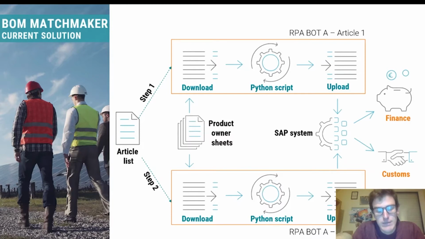This will be given to a Python script, and the Python script will output a CSV file. This CSV file contains all the information that needs to be entered into the SAP system. Then the SAP system connects with other tools and serves as input for the douane and the tax regulations. So this will be done sequentially, one article at a time.